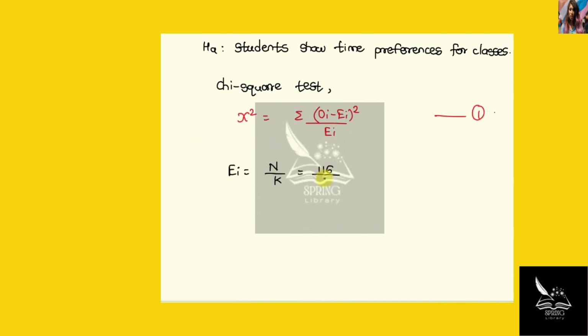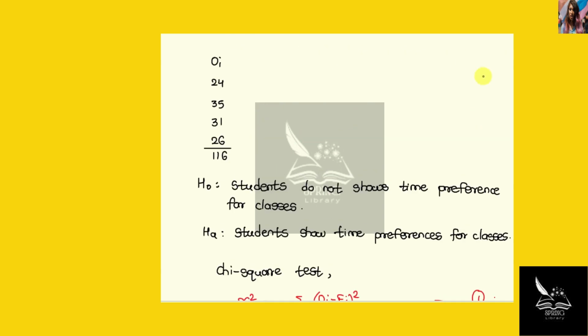So 116 divided by 4 is equal to 29. So the column for Ei, the expected frequency, is 29 for each of the given categories, and the total of the expected frequency is 116.